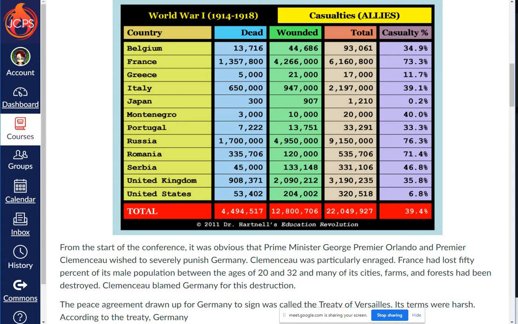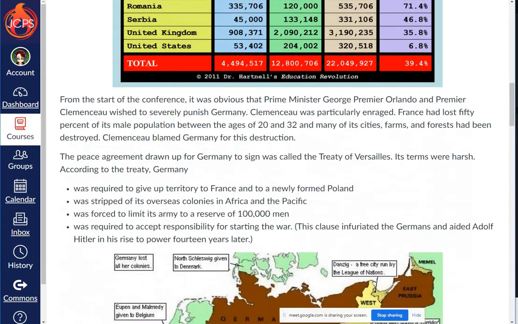They were the three that were there in the beginning. They were the three attacked and doing the attacking first. And they were closest to where all of the fighting happened. And then you've got the total and then the percentage. So you see France has like 73, Russia 76, and so forth.